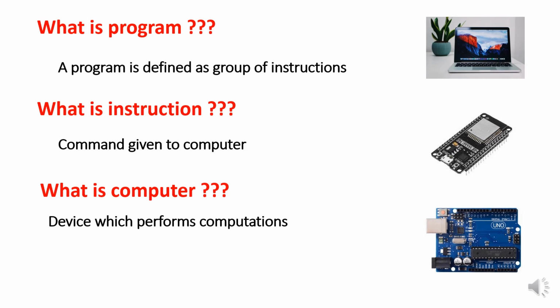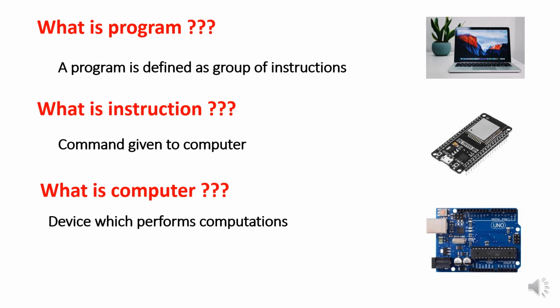The device which performs computations is called a computer. Therefore, by writing programs, we are getting work done by hardware. So all these images are examples of a computing environment or a computer, but they can't do any work on their own. They need some intelligence, that is nothing but a program, to do the work.